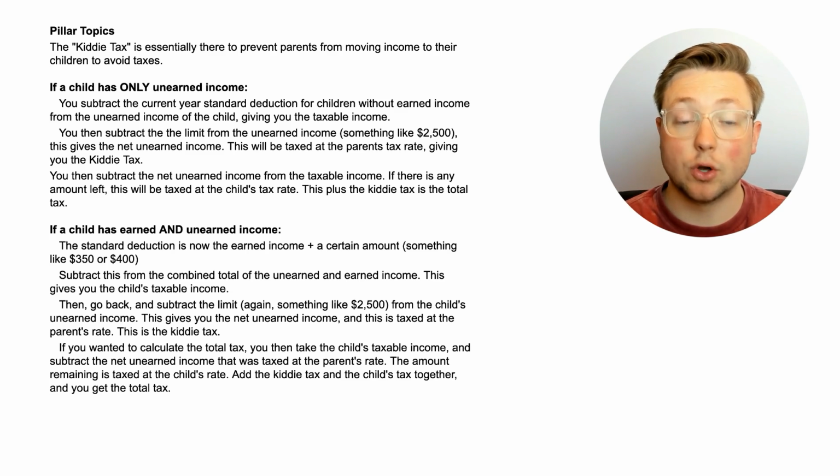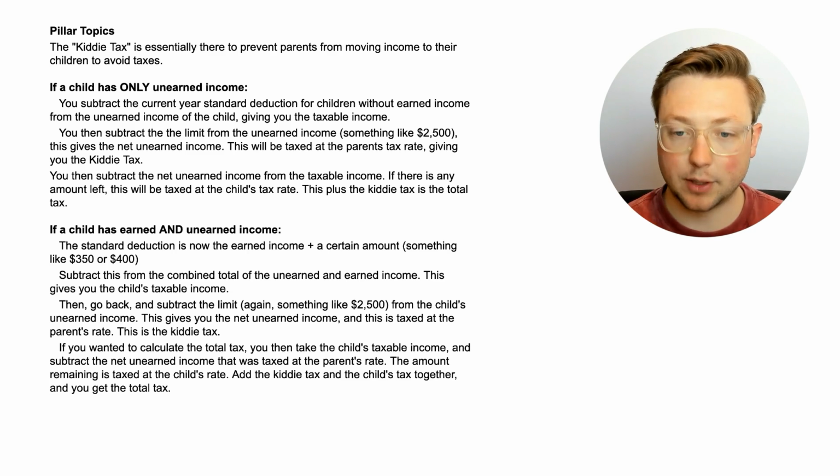So if a child has only unearned income, you subtract the current year standard deduction, and again, that's a specific number, for children without earned income from the unearned income of the child, giving you the taxable income. Then you leave that there for a second, and you subtract the limit from the unearned income, something like $2,500, remember that threshold, and that gives you the net unearned income.